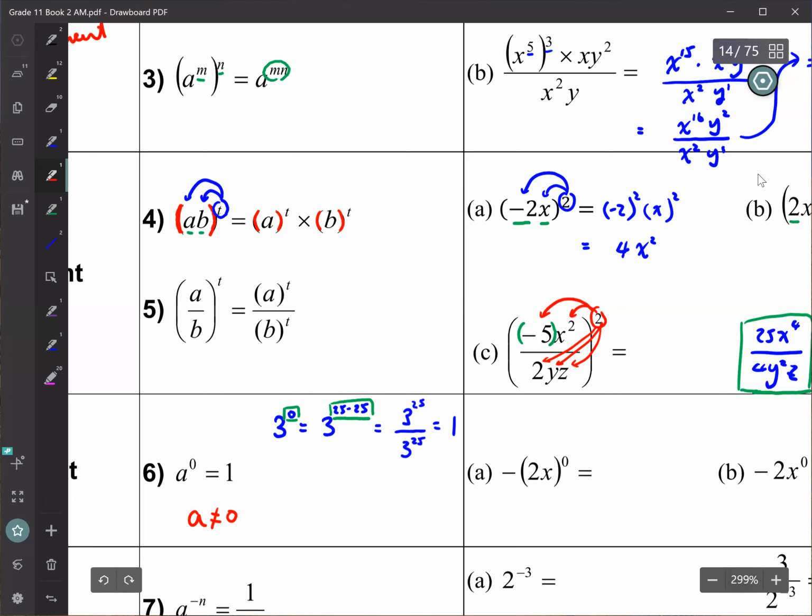If the base is 0, let me rewrite it. Because if the base is 0, then it looks like this, 0 to the 0. If I pick any number, 0 to the 25 divided by 0 to the 25, then you have a denominator that becomes 0, which is not allowed.